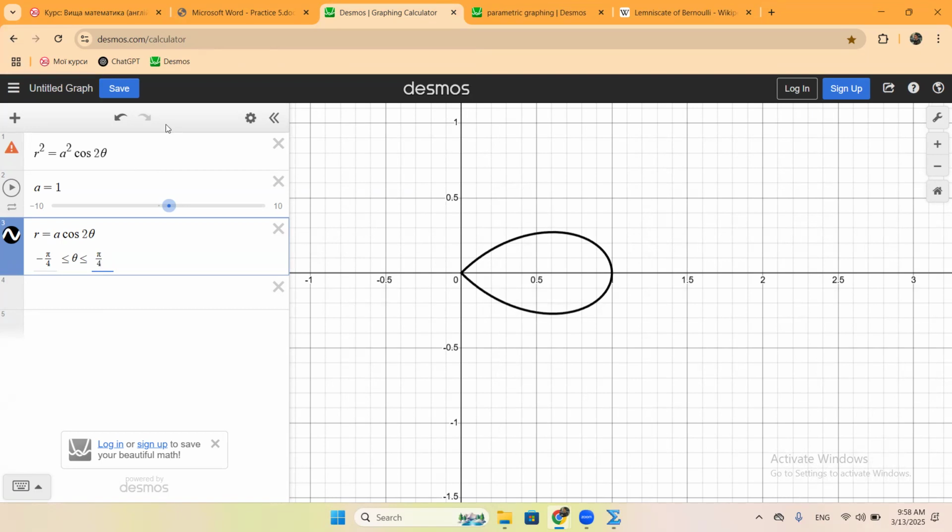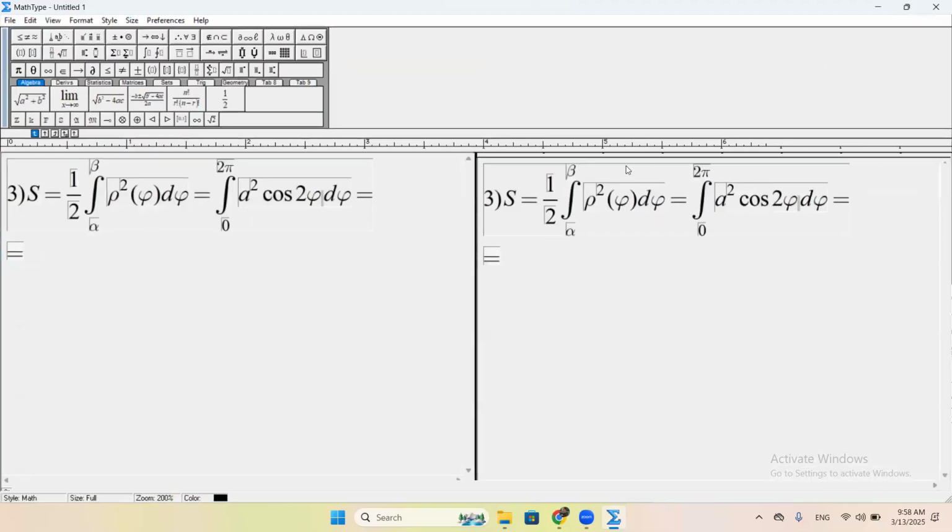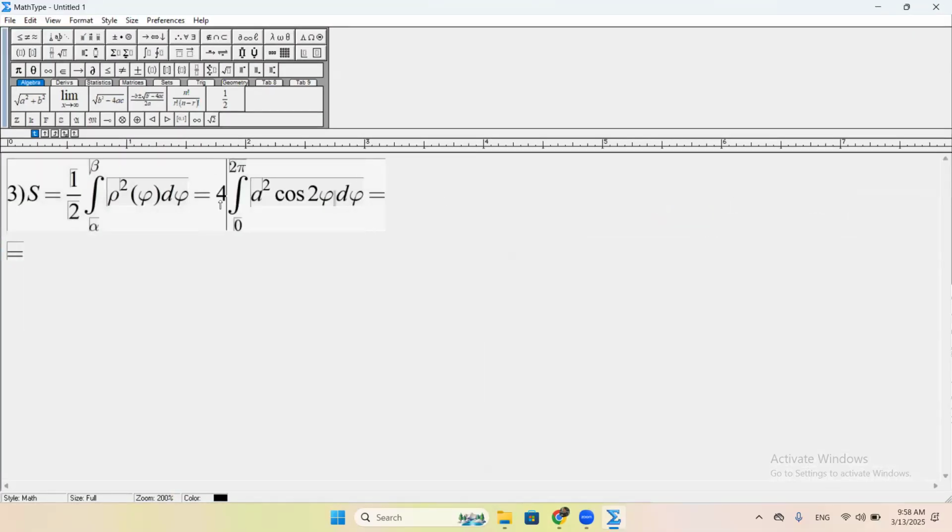And we even can integrate from 0 to p over 4. Why not? And by the way, I forgot to multiply by 1 over 2 here for polar coordinates. So let's write like this: 1 over 2 from 0 to p over 4. Now it will be calculated normally.